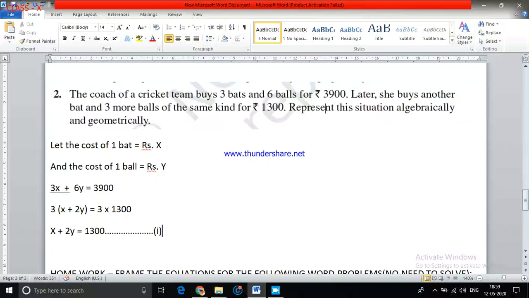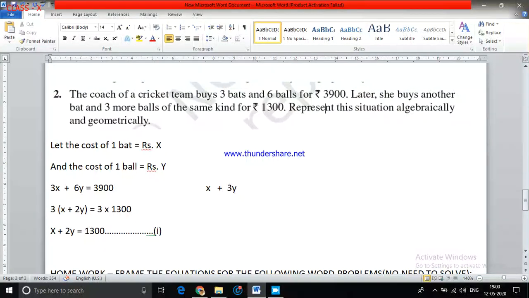Understood? Now how do you get equation number 2? Let me see. Now what is the another condition they are given? 1 bat, another bat. So that means only 1 bat. So the cost of the bat is x plus 3 more balls. 1 ball is y. 3 more balls means 3y together.